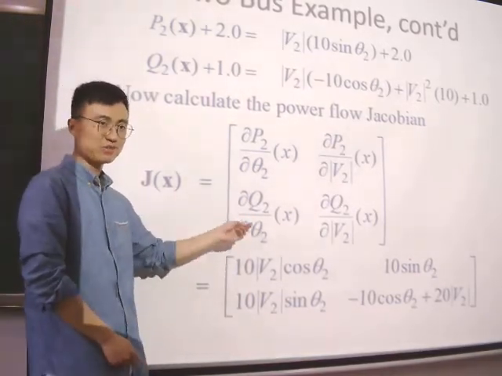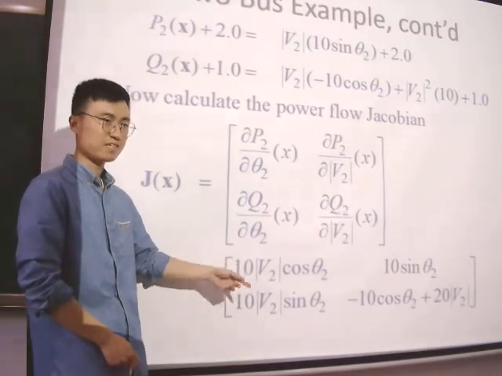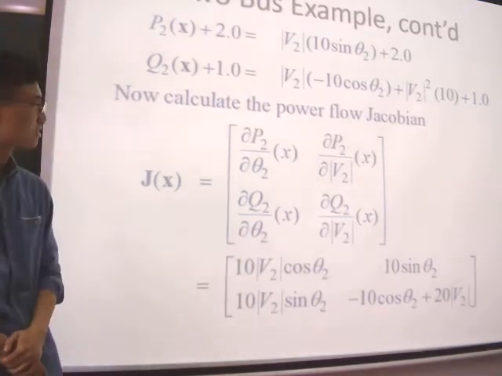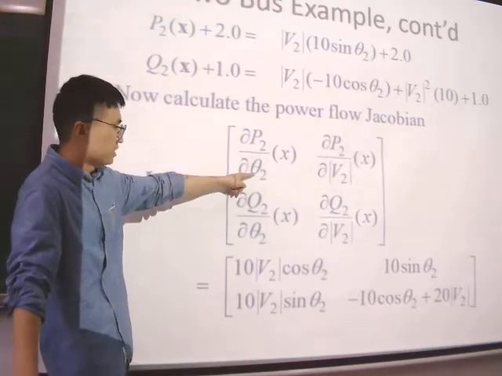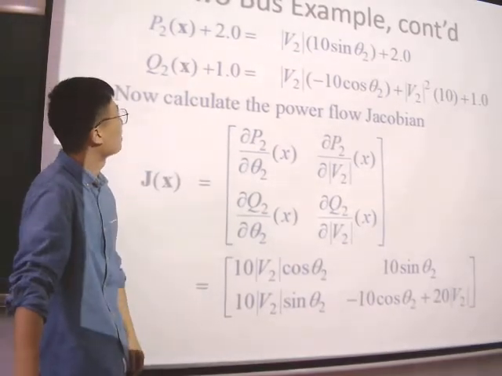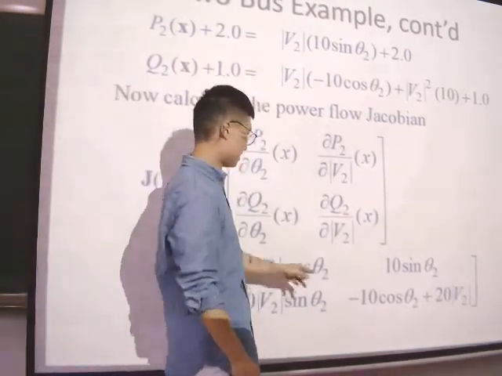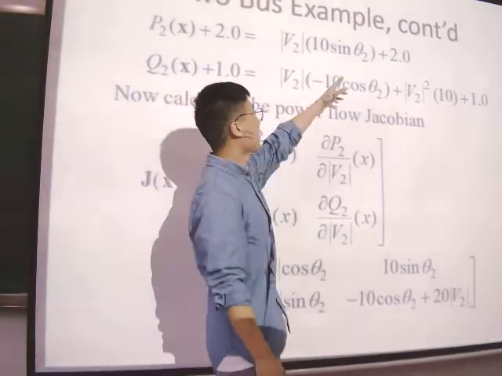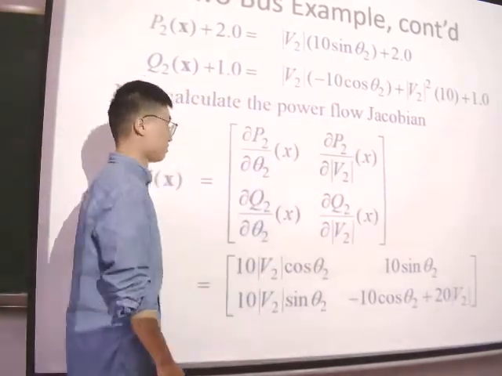Do you know how to calculate this one? For example, P2, theta 2: sine is equal to cosine, right?